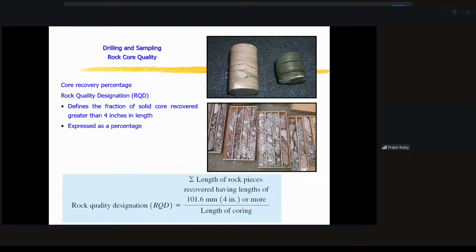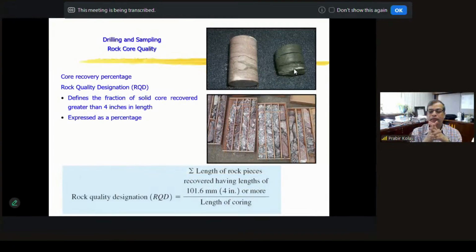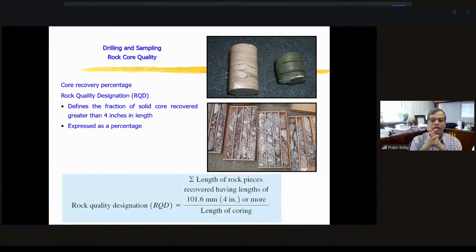When you collect the sample using this drilling or core sampling, you need to know how much is the recovery. Sometimes if it is weathered rock or fractured rock, you will not get an exact intact rock sample. Depending on the length of the coring, you may not get the same length of recovered sample.